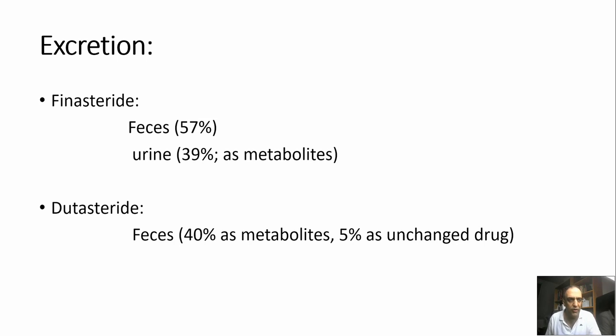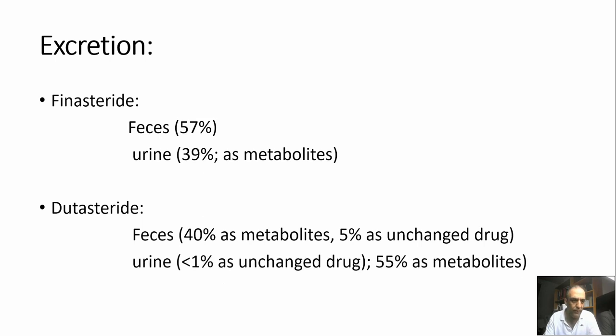In the urine, less than 1% is unchanged drug and 55% is metabolites, the 3 types of metabolites which we saw on the last page.